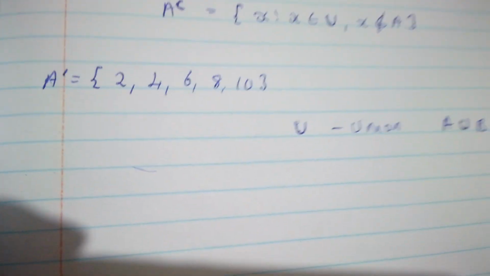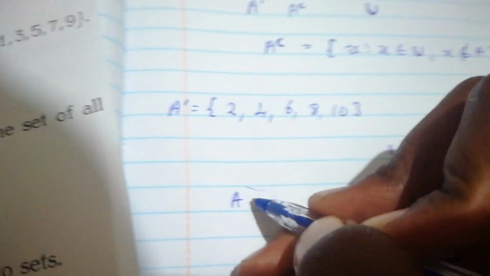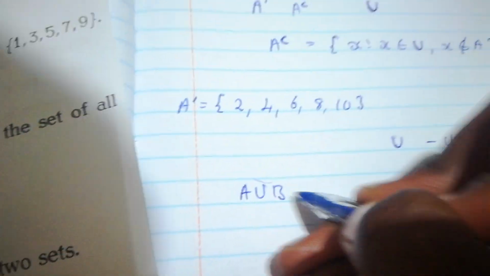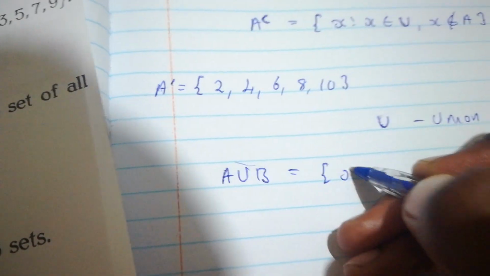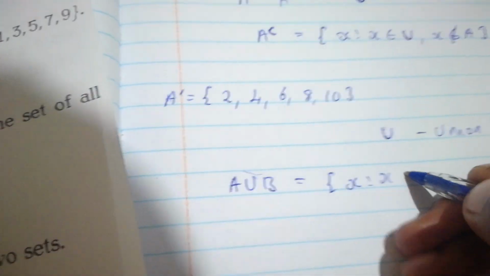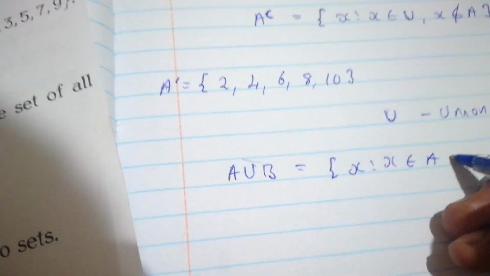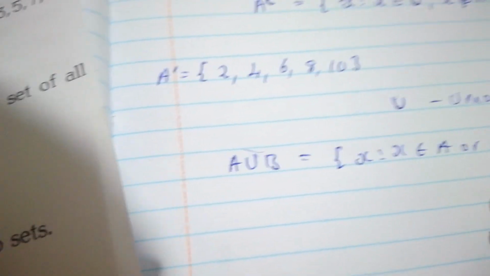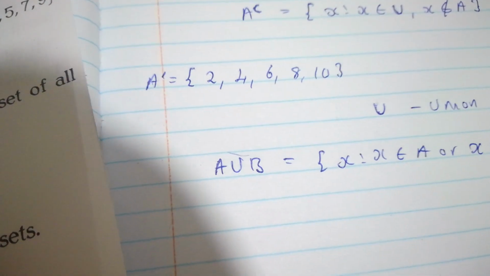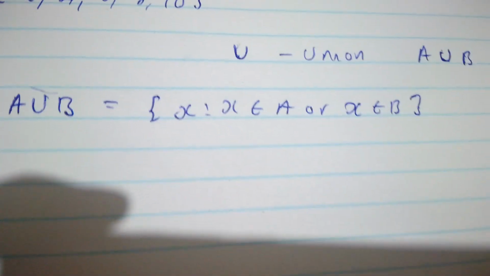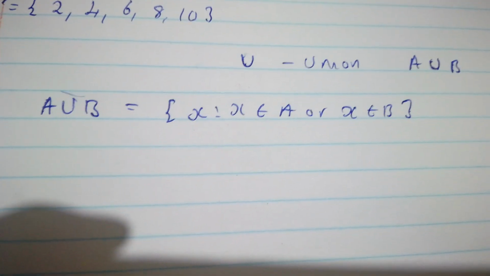So we are talking of the union of set A and B. We'll say A union B in set builder notation. The elements of this set will be x such that x is a member of A or x is a member of B. So notice this term which I'm using. It's a very important term that you need when you're dealing with sets.